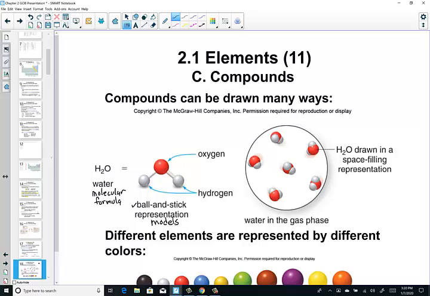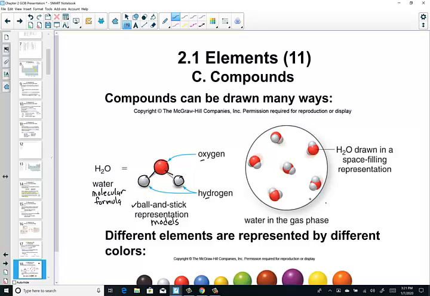These molecular models have different colors for each atom, and you connect them by a wooden stick to represent the bonds. So if I see a gray colored atom, I'm going to let that be represented by hydrogen. If I see a little bit larger atom colored red, we'll learn that this is denoting oxygen.